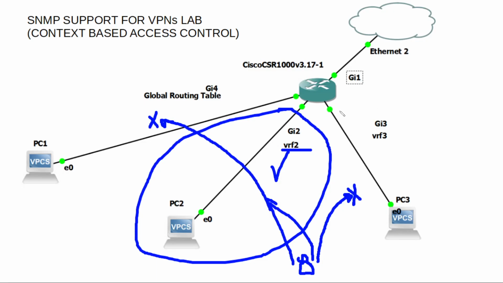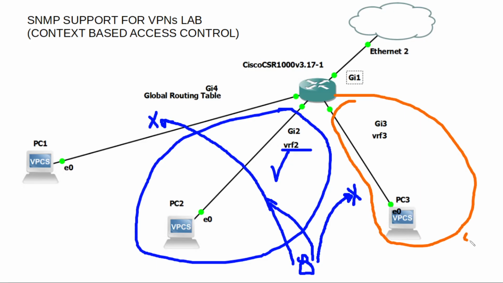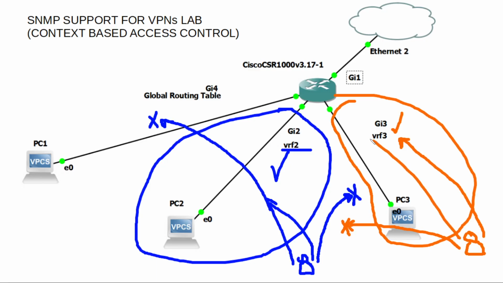In the same manner, we want the orange customer to only be able to gather information from VRF number 3, but we want to avoid the case where this customer gathers information from a different customer or from the global routing table. This is where the SNMP support for VPNs, also known as context-based access control, kicks in.